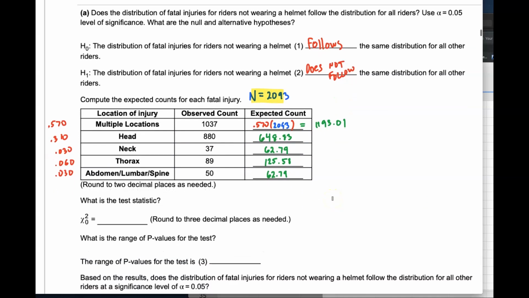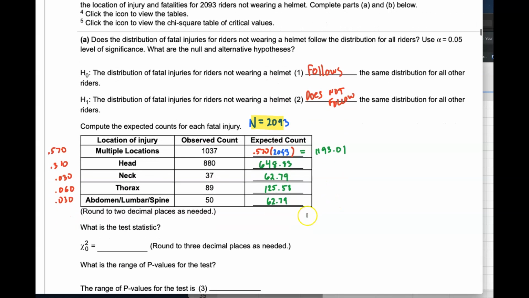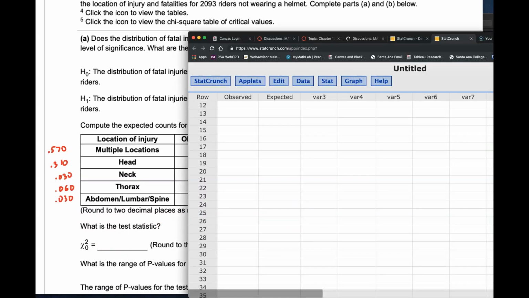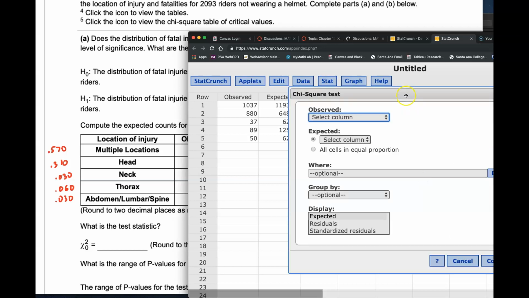After you have your expected counts, you can compare the expected to the observed, and it looks kind of close, but maybe that's why it's hard to tell, because these are just samples. These are not, again, our entire population. So we're going to calculate a chi-squared statistic, and to do that, you put your observed and expected into StatCrunch, which I have here, and then you go ahead and run a goodness of fit test, chi-squared test, right?